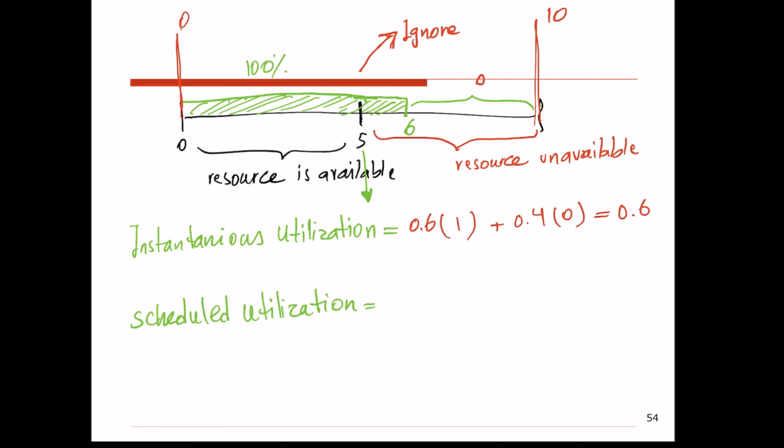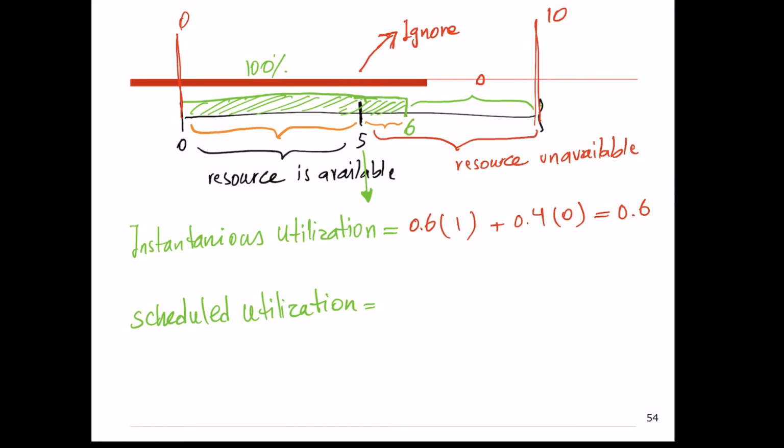For the scheduled utilization, remember we said we are just going to look at the time for which this resource has been scheduled to work. And in this scheduled time, obviously the utilization of the resource is 100%. That's for sure. However, what we see is that the resource has continued working for another 1 hour. So it's not that the utilization is 100% for 5 hours.